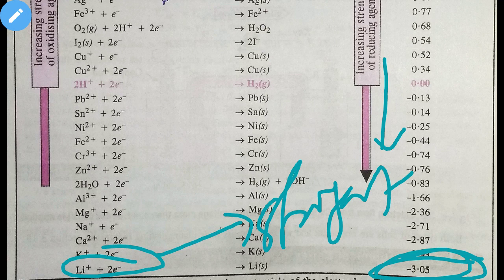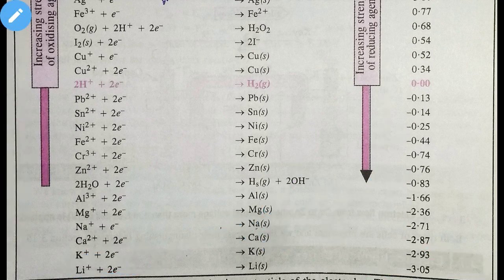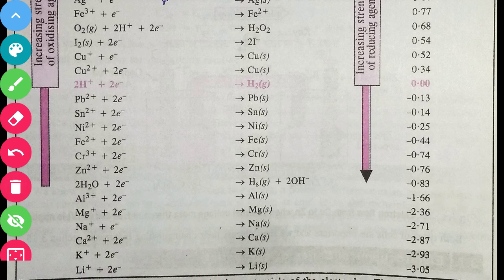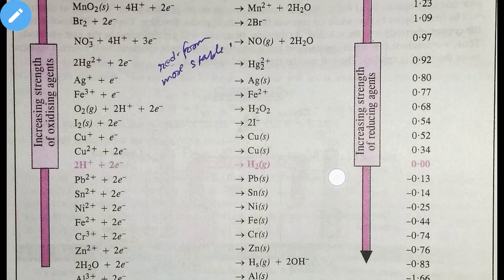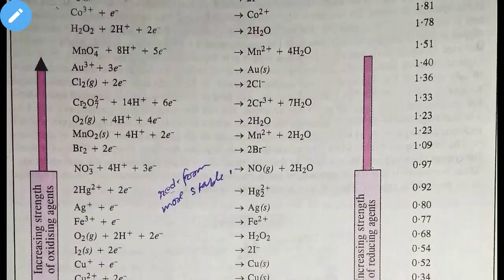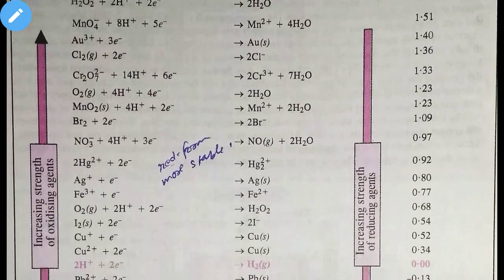And there is the oxidizing character too, because we are talking about the redox reaction. If I'm talking about reducing, there will be oxidizing. So as we are moving down, the reducing character is increasing, which means as we are going up, the oxidizing character is increasing.